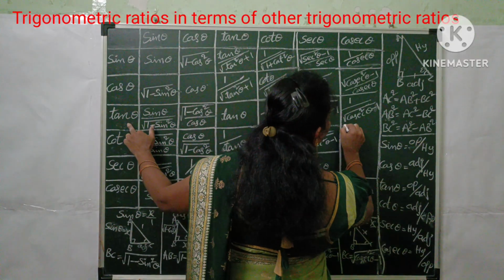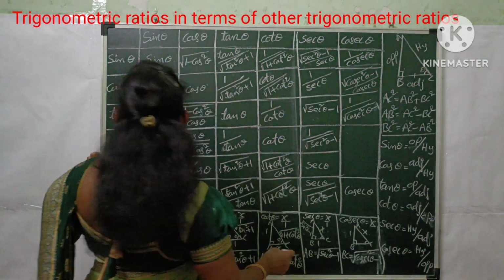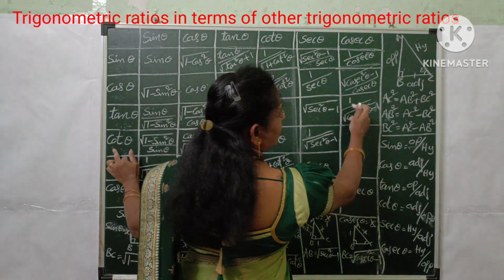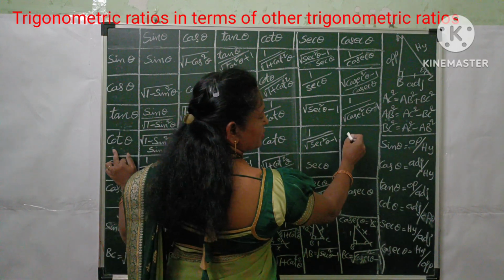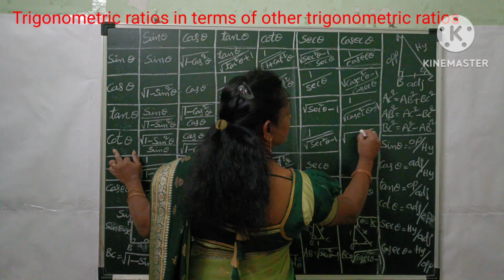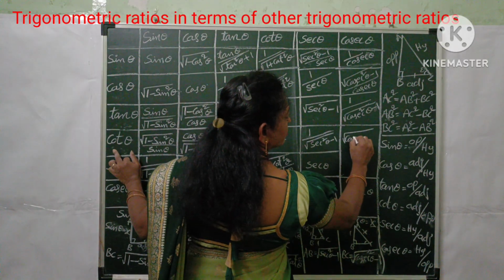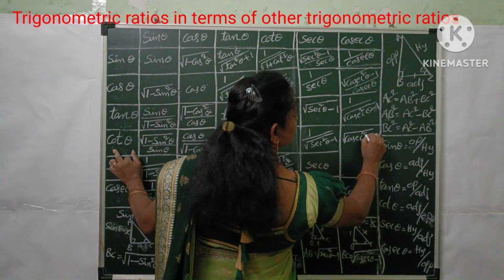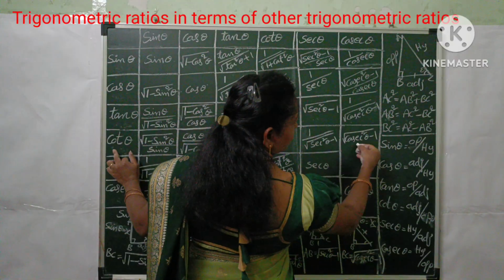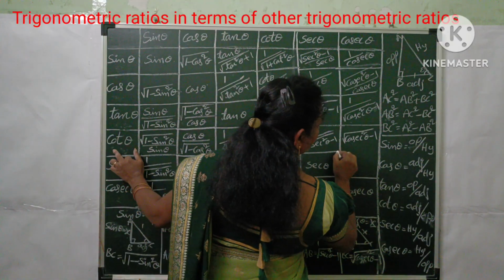Now cot, it's a reciprocal: square root of cosecant square theta minus 1, by 1, means itself.